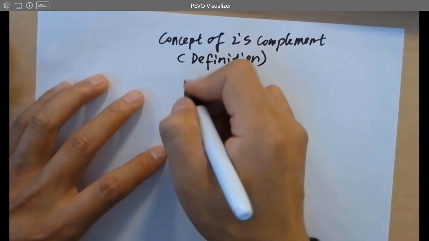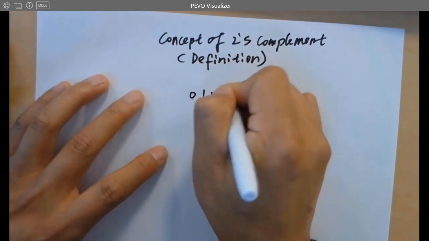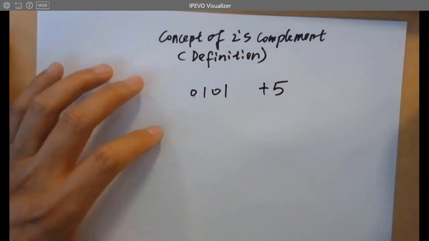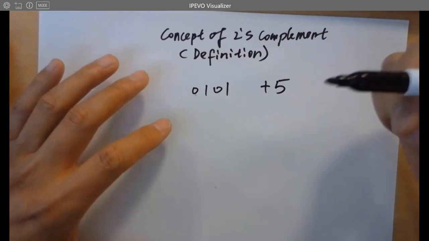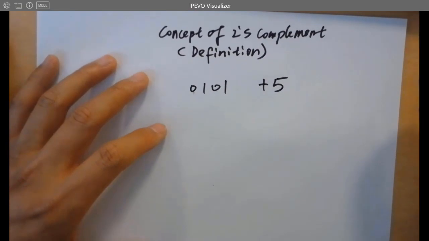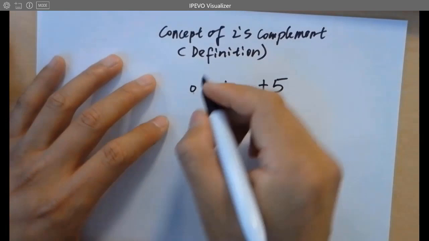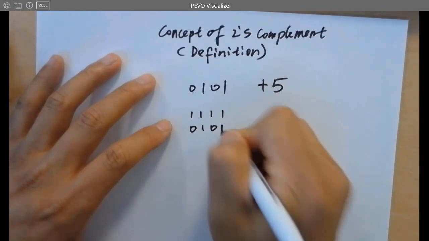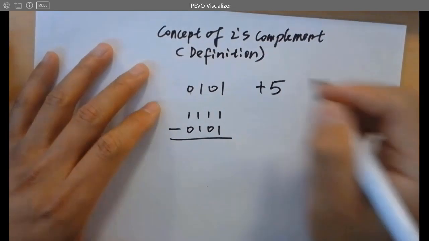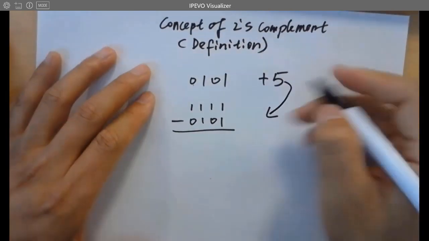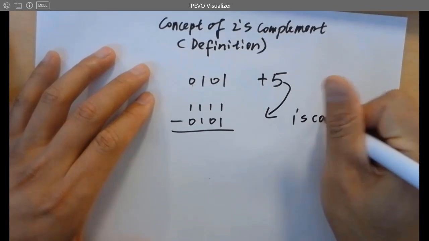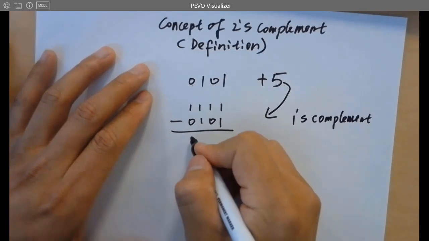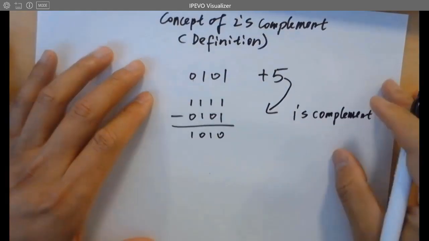So for 2's complement, for example, we have 0101. We know this is plus 5. It's also plus 5 in 2's complement, no problem. So what's minus 5 in 2's complement? We actually use 1111 minus 0101. That's the first step, to get the 1's complement, which is 1010.